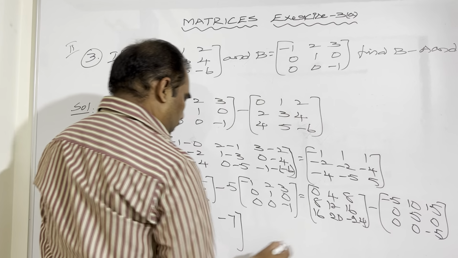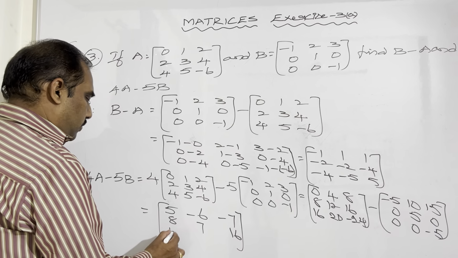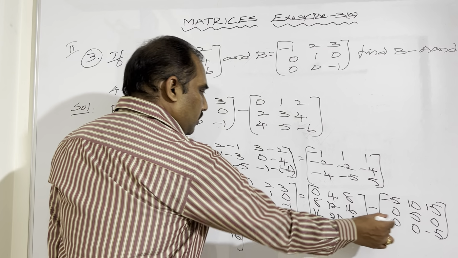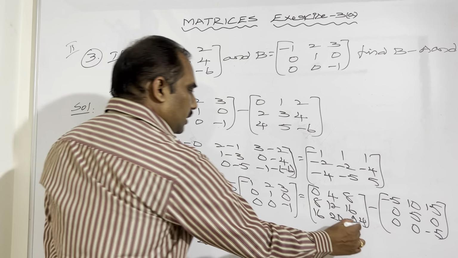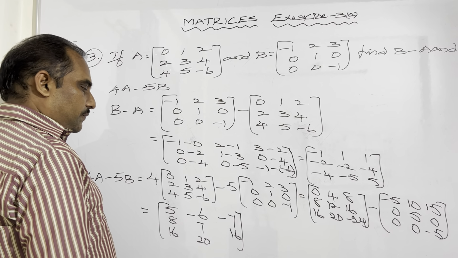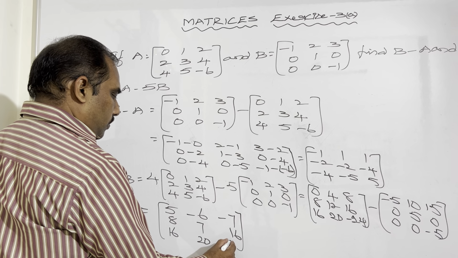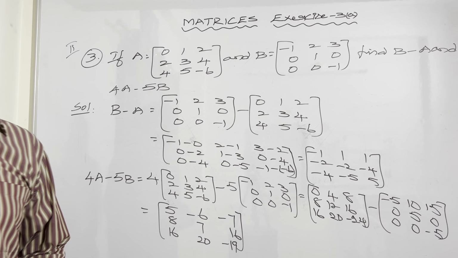And 16 minus 0, that is 16. And 16 minus 0, again we get 16. And 20 minus 0, that is 20. And minus 24 and minus of minus 5, that is plus 5, so minus 19. Like this we get the 4A minus 5B matrix.